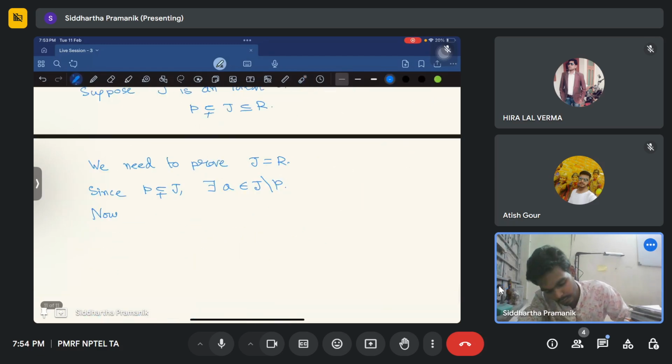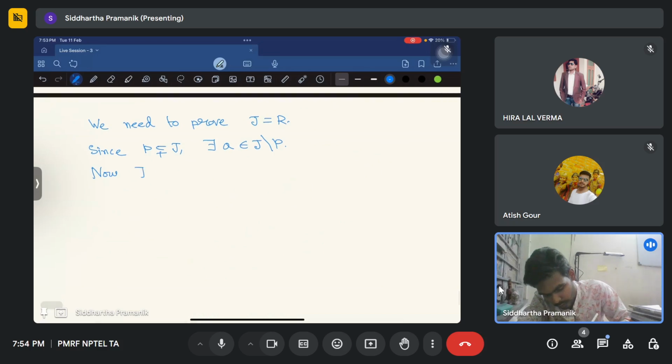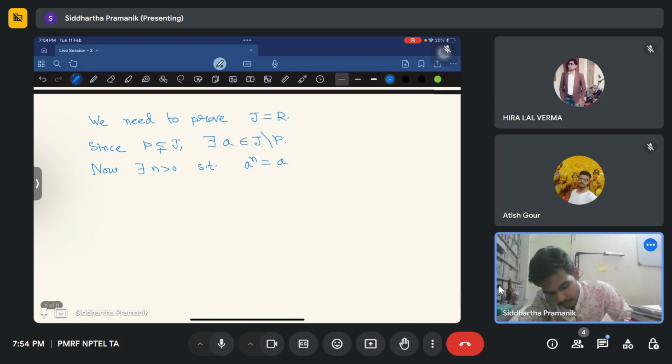So use this. So now there exists n greater than 0 such that a^n is a. Now this implies a^n minus a is 0. This implies a times (a^(n-1) minus 1) equals 0.